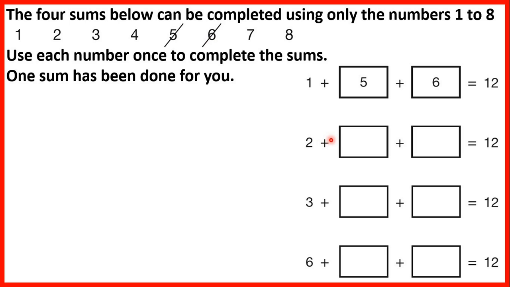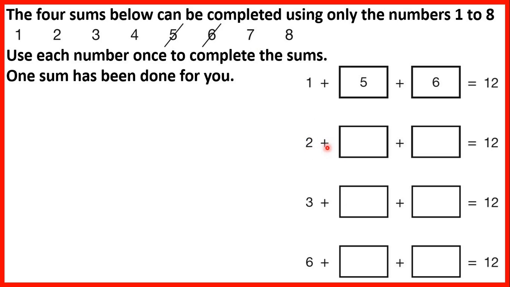Now the difficult thing with this question is that it says use each number once, so we can't use any of these numbers in more than one box. So what we can do is just try out different numbers, and then if we find it doesn't work, we can rub out what we've done and try something else.